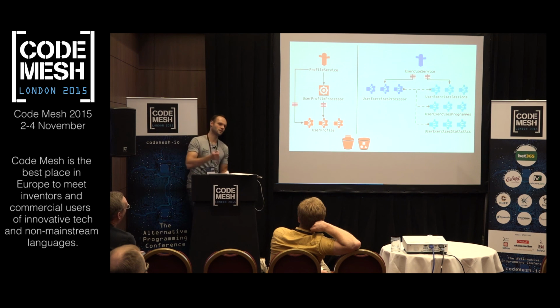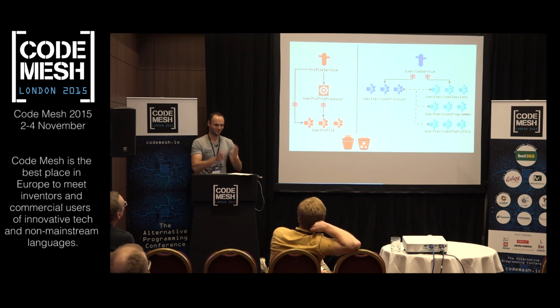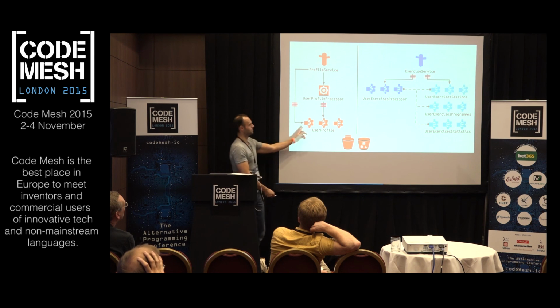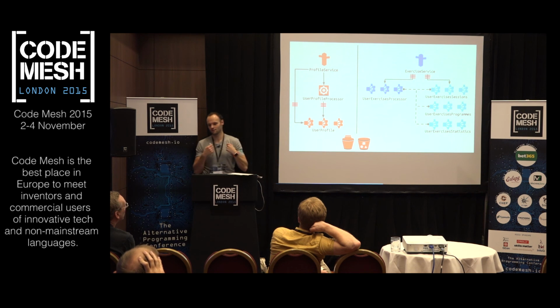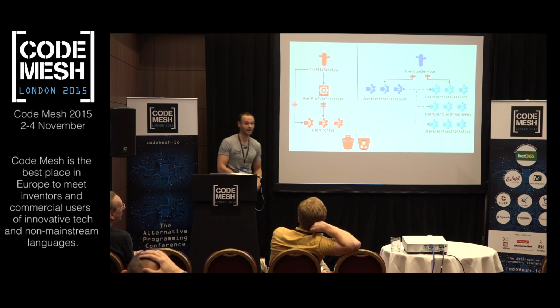It's a thing that receives HTTP requests and somehow turns them into messages that we then send to the other components in the system. User profile processor in the CQRS world is the validator, right? So we check that, I don't know, username isn't yet taken. That's the easiest one. And then we have per user profile, right? So we then treat this distributed state, all the user profiles, as instances of a user profile actor.